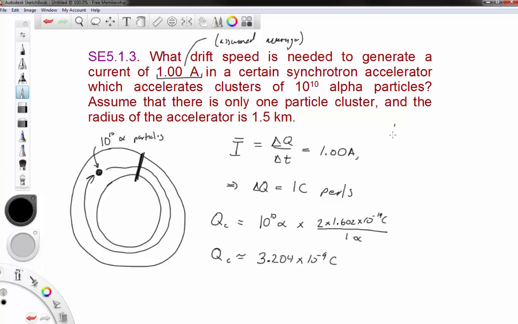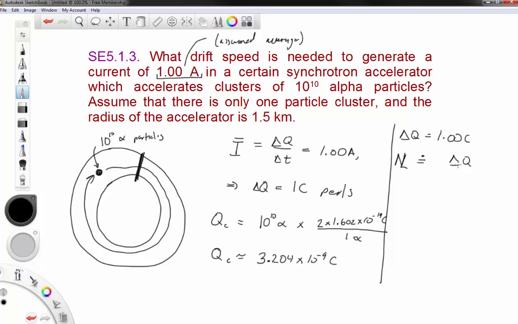So what does that look like? Basically, you need delta Q equal to 1.00 coulomb, and we can say the number of laps, we'll call it n lap, is going to be defined as this charge divided by this charge.